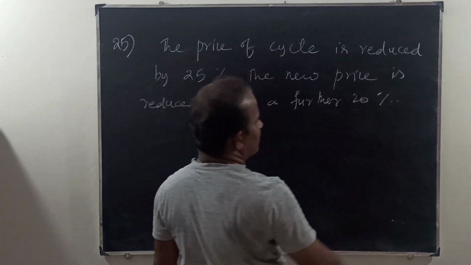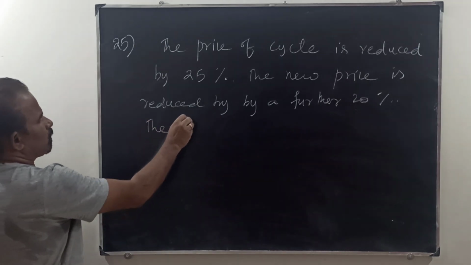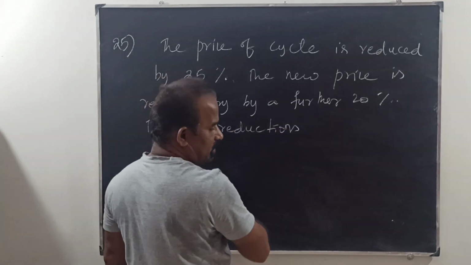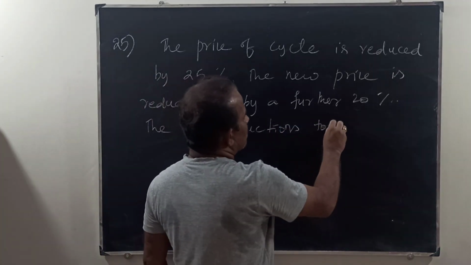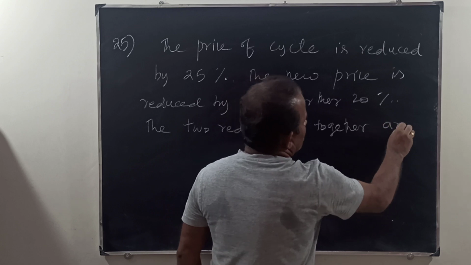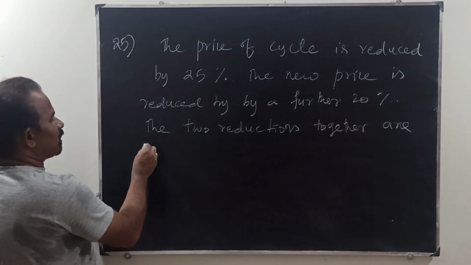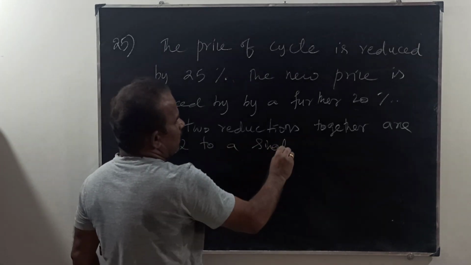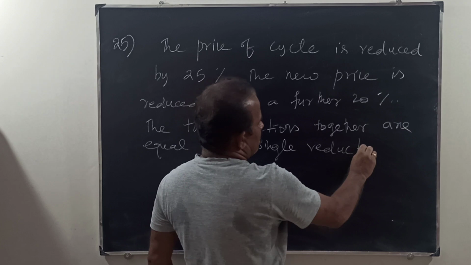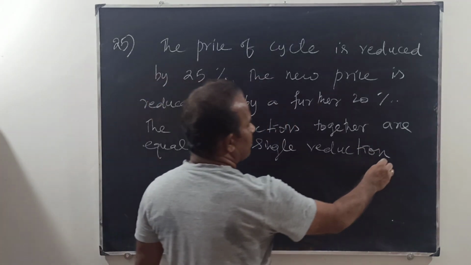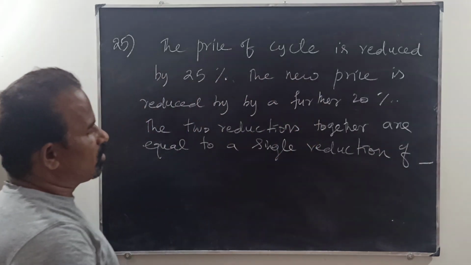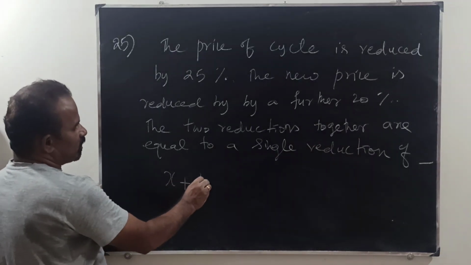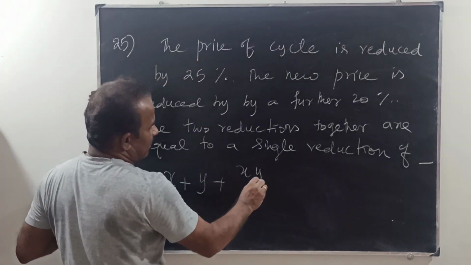The two reductions together are equal to a single reduction of what? How much percentage? Already I have given that x plus y plus xy by 100.